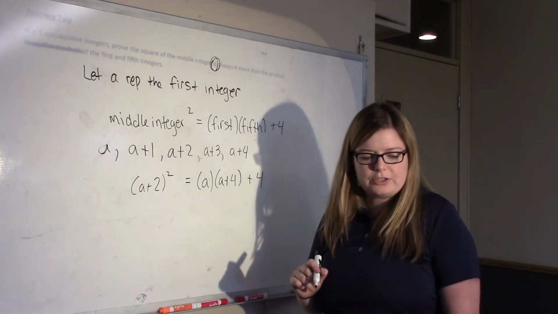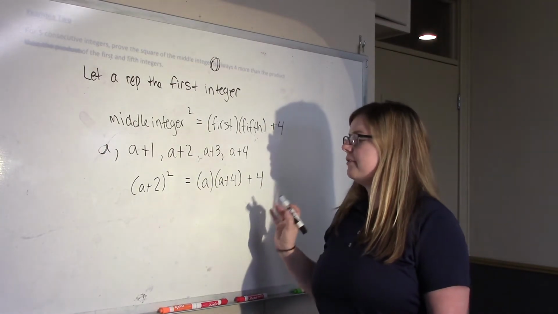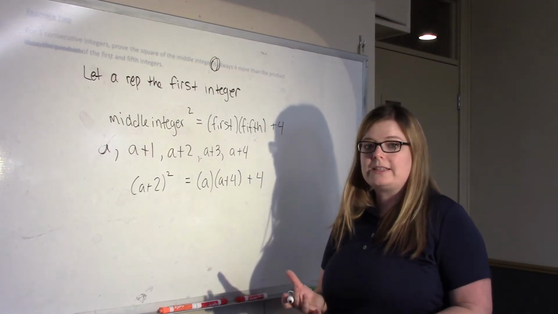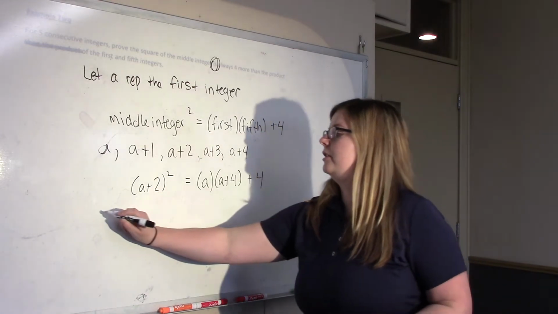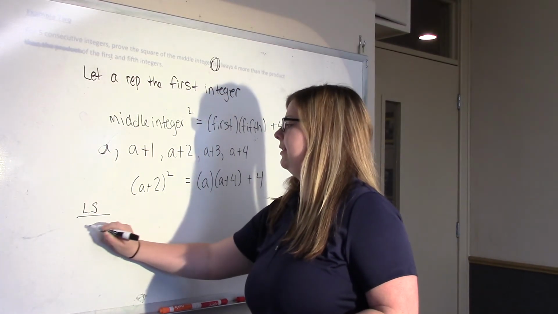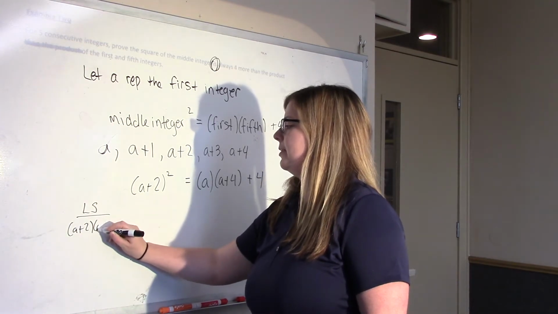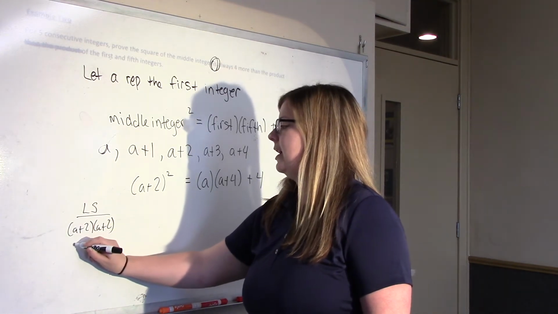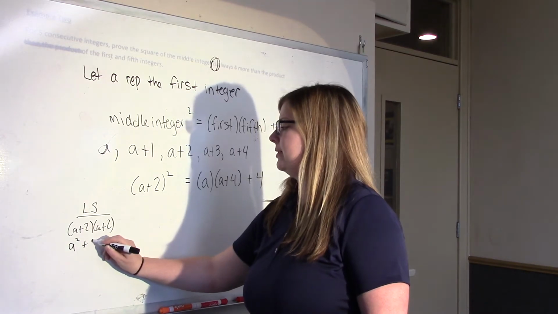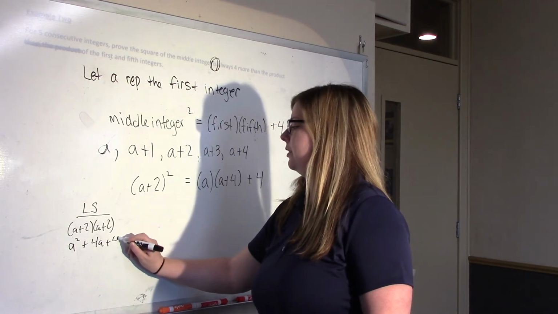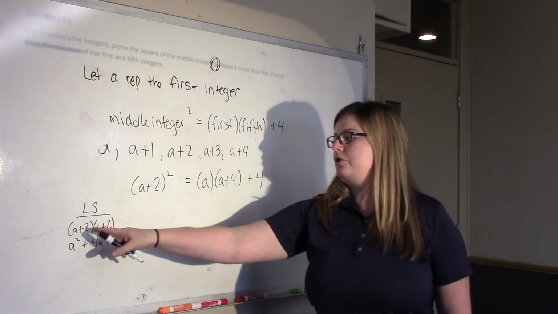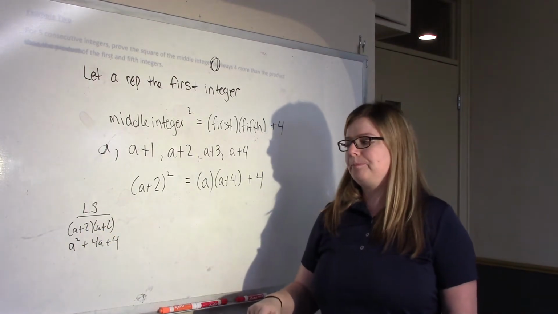Okay, so in order to do this, we separate into left side and right side, show that they're equivalent, and then conclude that they're equivalent. Okay, so our left side here is A plus 2 squared. So that's A plus 2 times A plus 2, which becomes A squared plus 4A plus 4, because you get 2A plus 2A to give you the 4A.